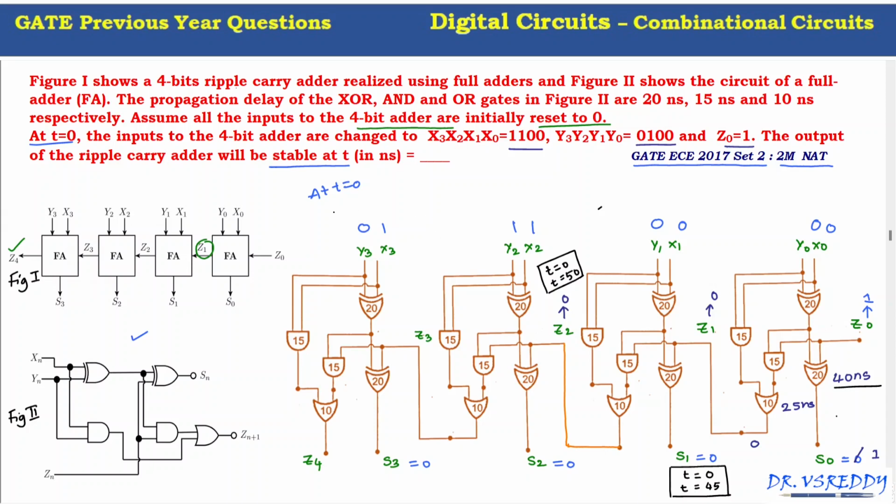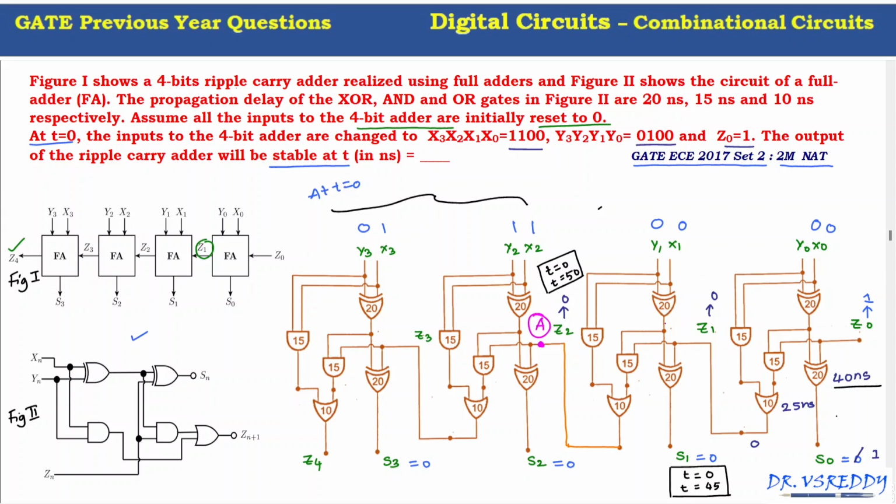So now we have to calculate the delay for these two full adders. Then only we will get the total minimum delay for this addition to get a stable output.